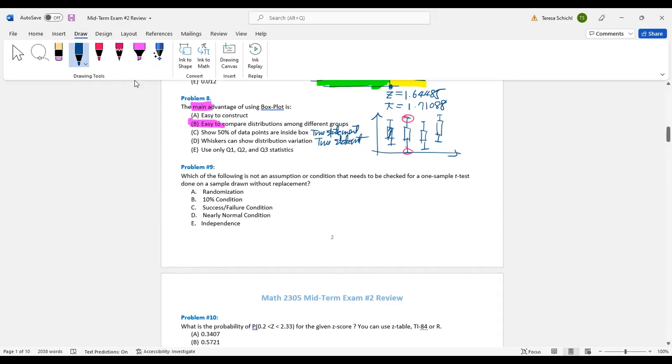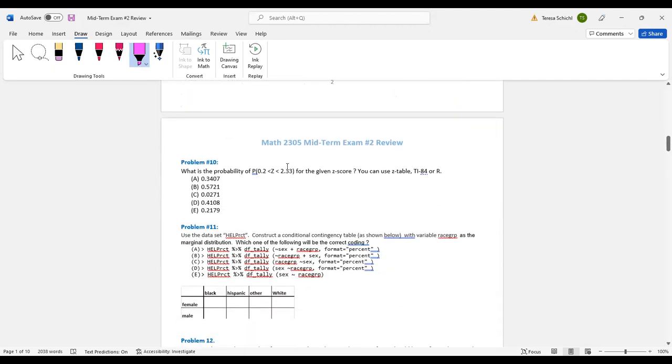Okay, number 9. Which of the following is not an assumption or condition to check for a one sample t-test? So we know randomization is one of the main assumptions we need to follow. 10%, near normal, independent. So in here, the success or fail condition is not one thing we check for the one sample t-test. Number 10.